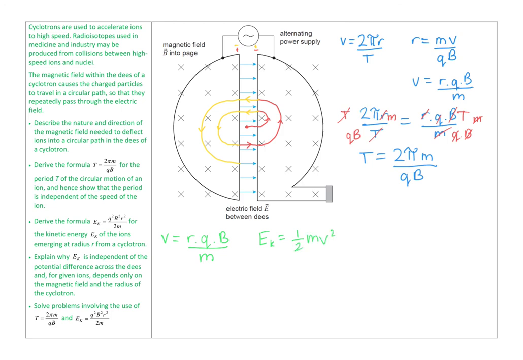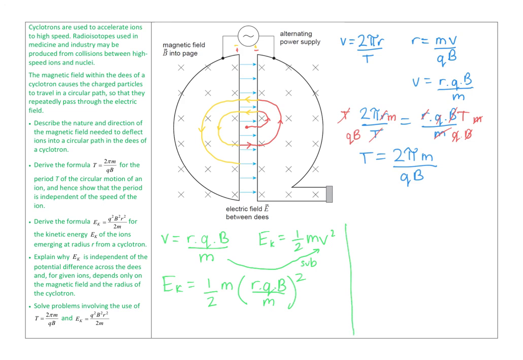So if we substitute this into here, we get EK equals a half times m times rqB on m, all squared.